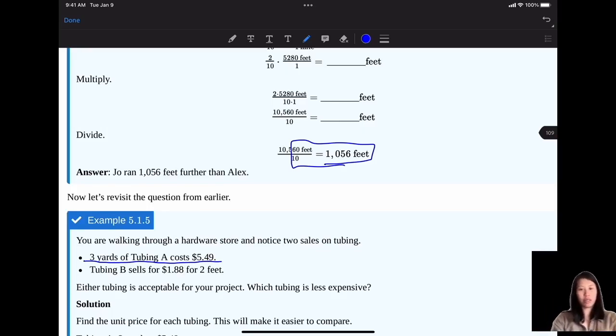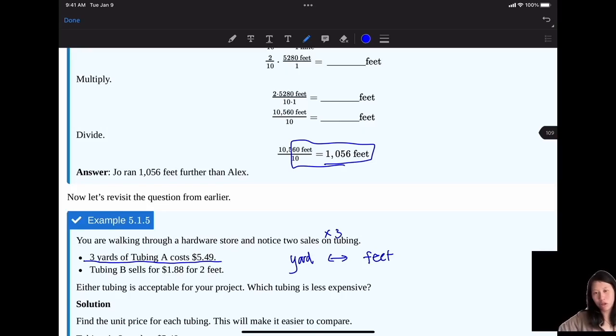So how do you compare this since they're using different units? So the first step is you want to make it easier to compare. So that means you want to convert them into the same unit. Okay, so which one would you do? Do you want to convert in a yard to feet or feet to yard? Which way do you think is easier? I would definitely use a bigger unit and convert it into a smaller unit, because then you times a conversion factor, which is 1 yard equals to 3 feet.